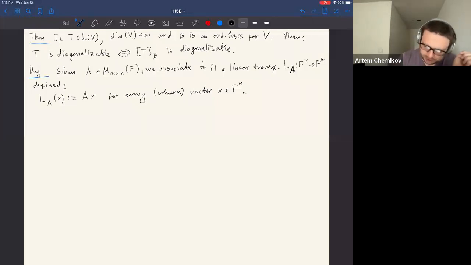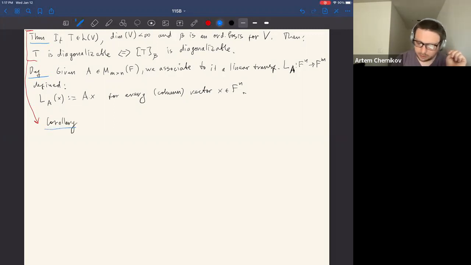Since we have this theorem, which tells us that a linear transformation T is diagonalizable if and only if the matrix representing it is diagonalizable, we have the following corollary.